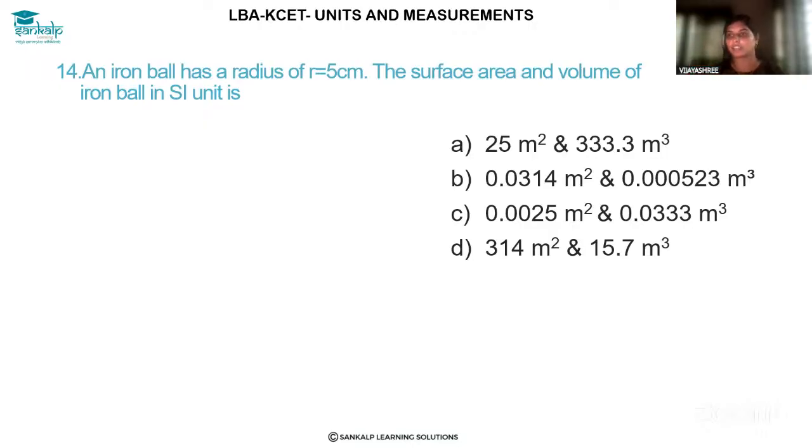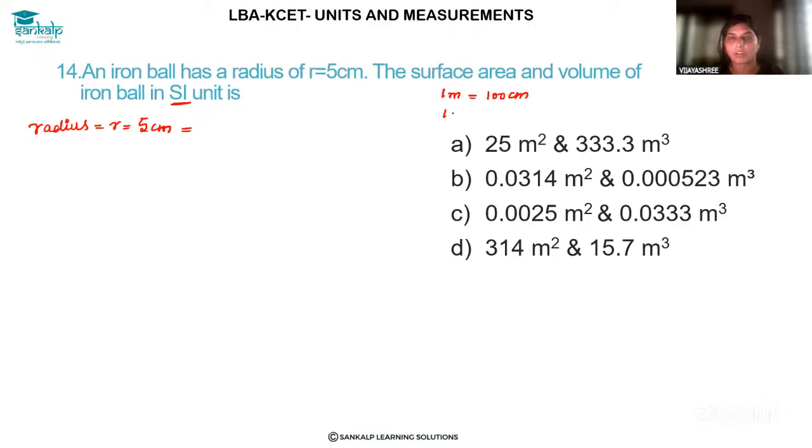Let us calculate what we are given. Radius R equal to 5 centimeter. To convert to SI unit, 5 centimeter is equal to 5 divided by 100, because 1 meter is equal to 100 centimeter.